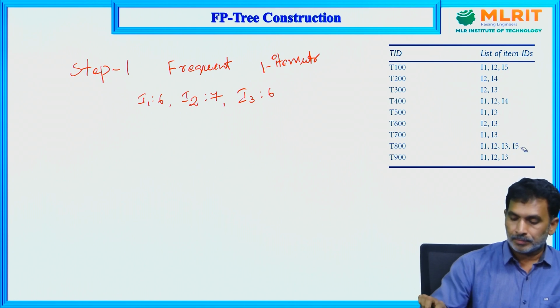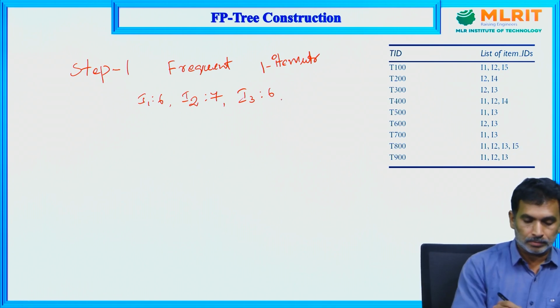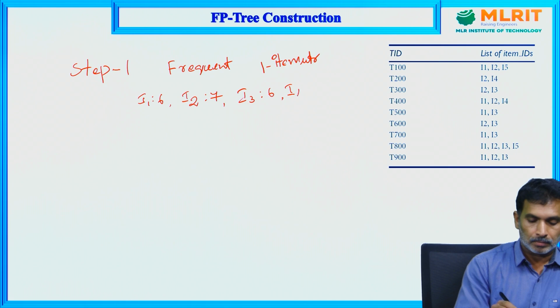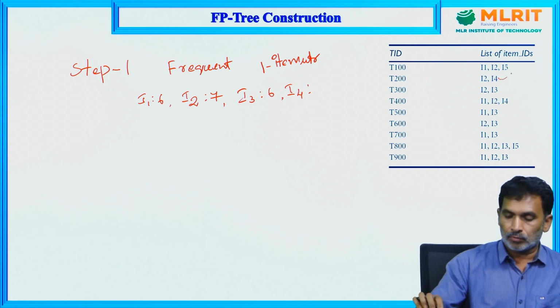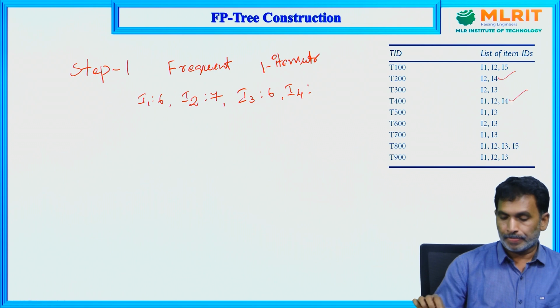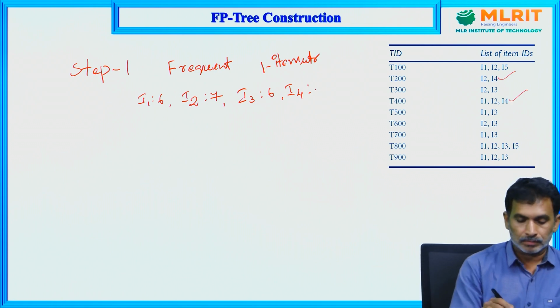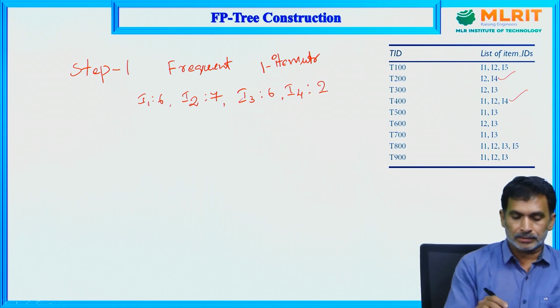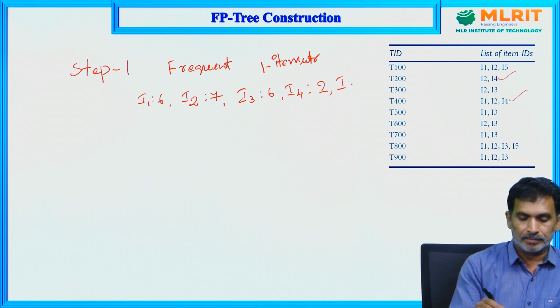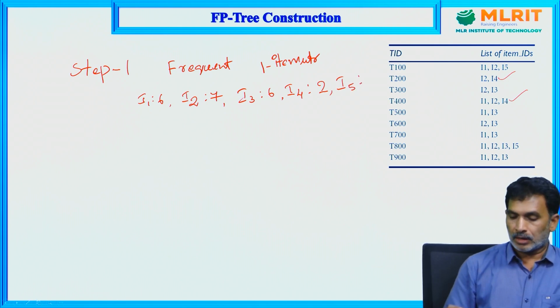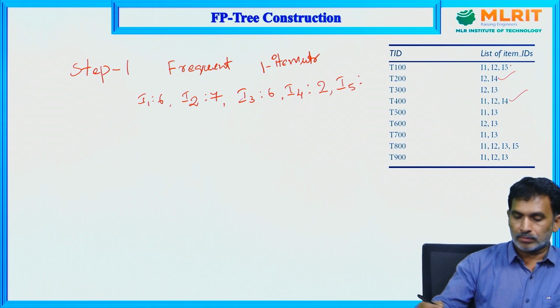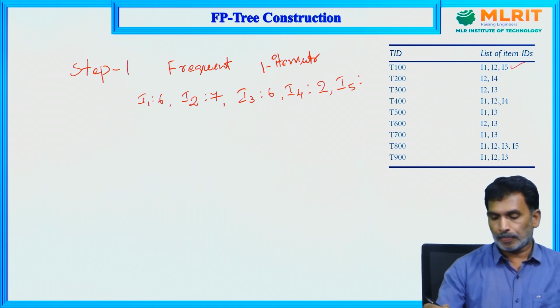Then I4: in how many transactions does it appear? 1, 2. It appears in 2 transactions. Then I5: in how many transactions does it appear?